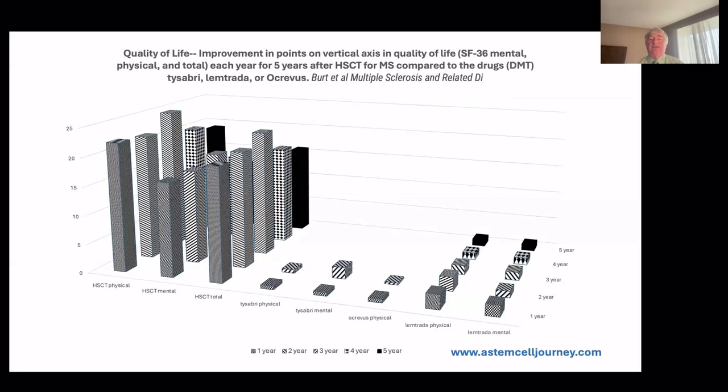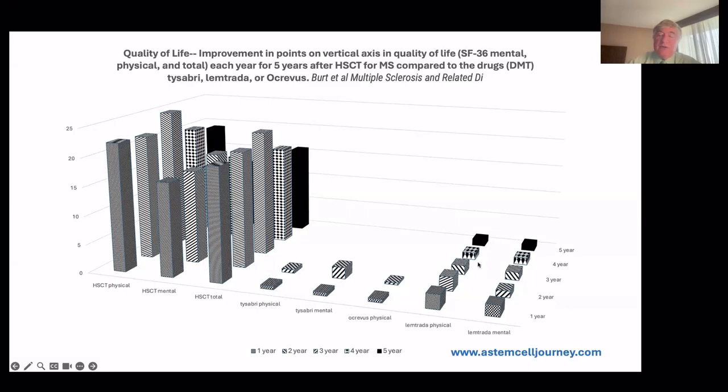And if we look at quality of life, now the funny thing about all these DMTs is they do not improve quality of life. In fact, the drug companies don't even report quality of life in their primary trial when they publish it. They may or may not do another paper with quality of life. A few drug companies have done other papers with quality of life: Tysabri, Ocrevus, Lemtrada, or Campath. Ocrevus is an anti-B cell drug. They reported again out to 2 years.